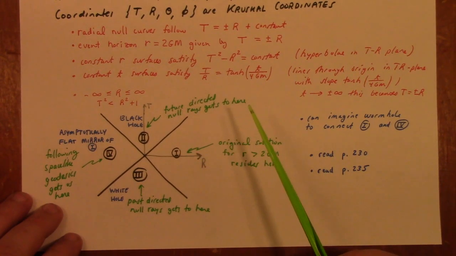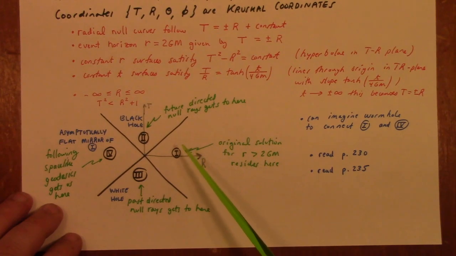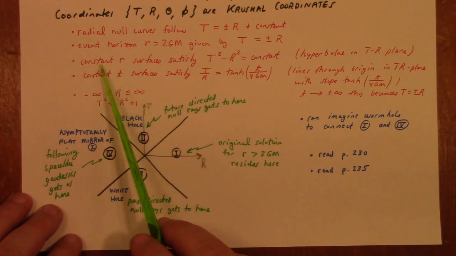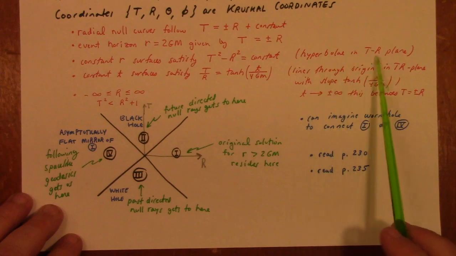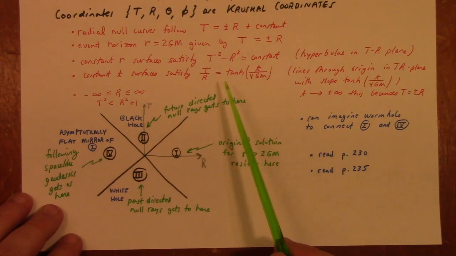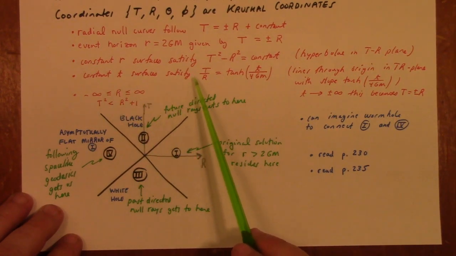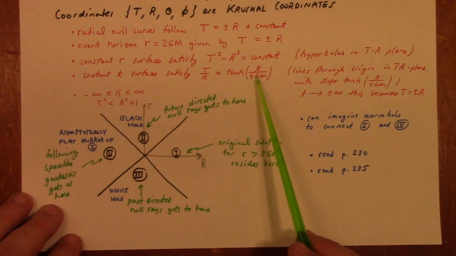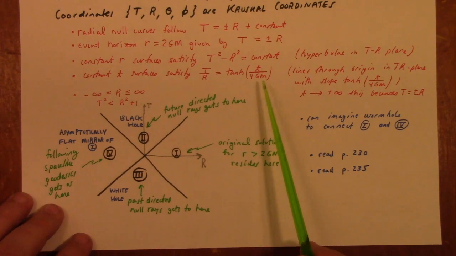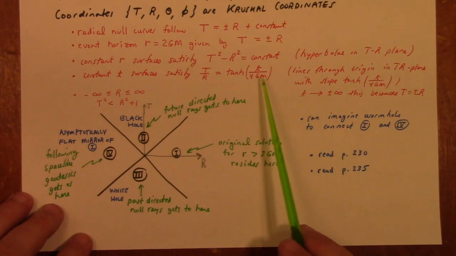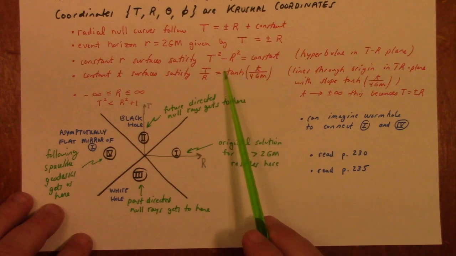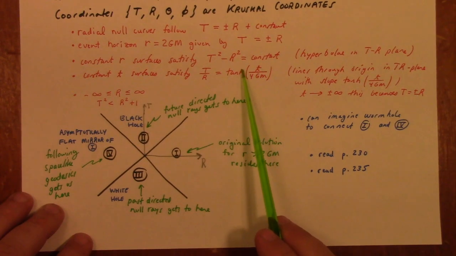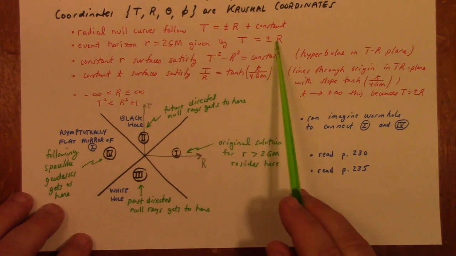And let's see here. Constant R surfaces are hyperbolas in the TR plane. Constant T surfaces are lines through the origin, where the hyperbolic tangent of that t over 4GM gives you the slope. And you might notice that as t goes to plus or minus infinity, this goes to plus or minus 1, which means you're back up to here.